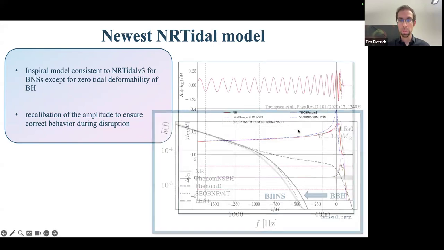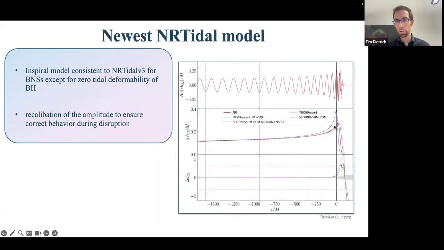But there are newer models currently being developed by the Mallorca group in UAB, also with higher modes, trying to incorporate a better description of neutron star black hole systems.